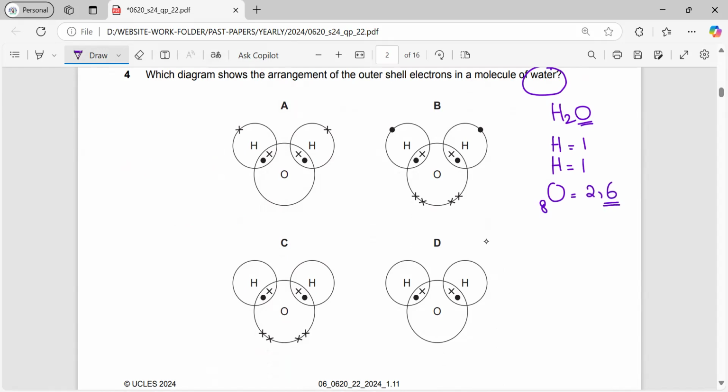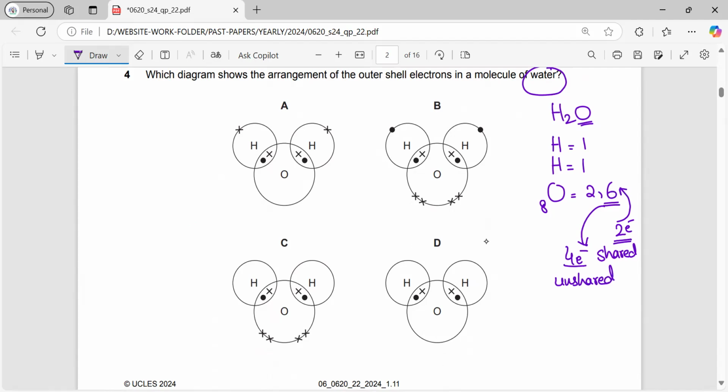It's going to have 6 electrons in the outer shell, which makes the need of oxygen as 2. Oxygen needs 2 electrons, so it's going to share 2 electrons out of the 6 electrons. So out of 6, 2 electrons will be shared, and then the rest of the 4 electrons will be unshared.